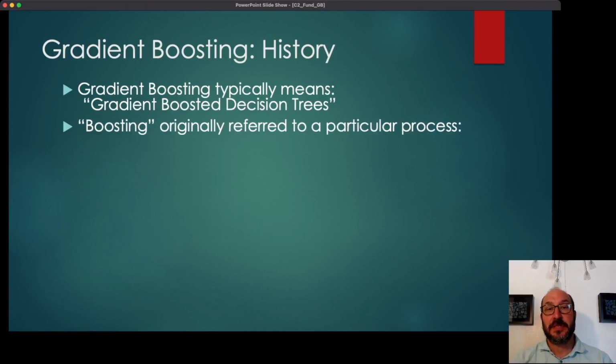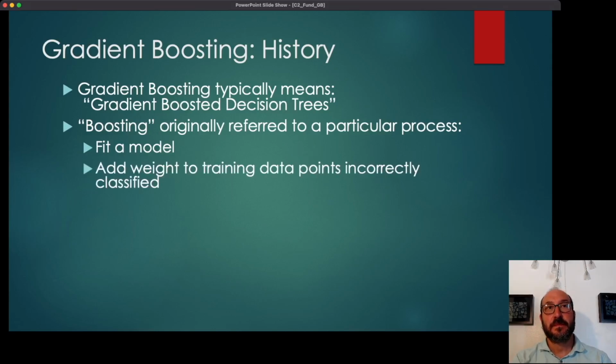Now, boosting, that word initially referred to a very particular process where you would fit a model. Originally it was a classification model. And then you would look at which points my model classified correctly, which ones it classified incorrectly, and you would add weight to the training points that were incorrectly classified.